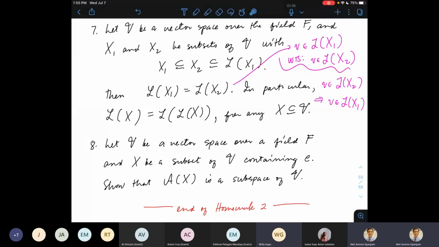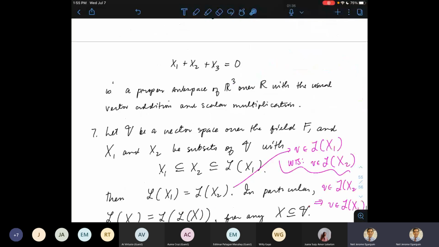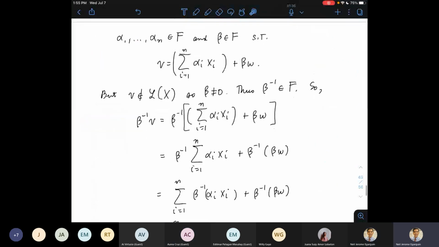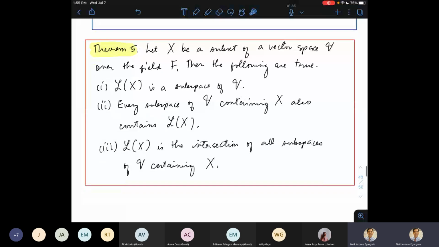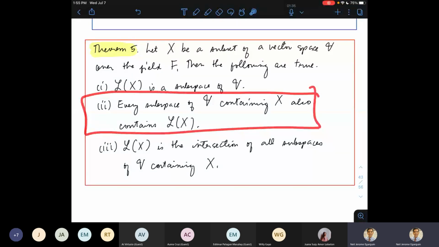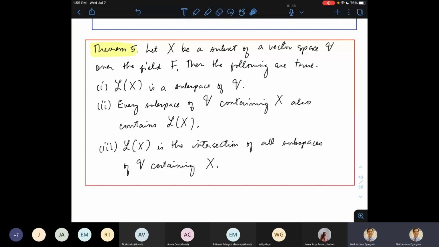And then we said that any, remember, let me just say the answer. I hope it's right, double check it. Okay, so let's focus on this statement. Every subspace of V that contains X also contains curly L of X.